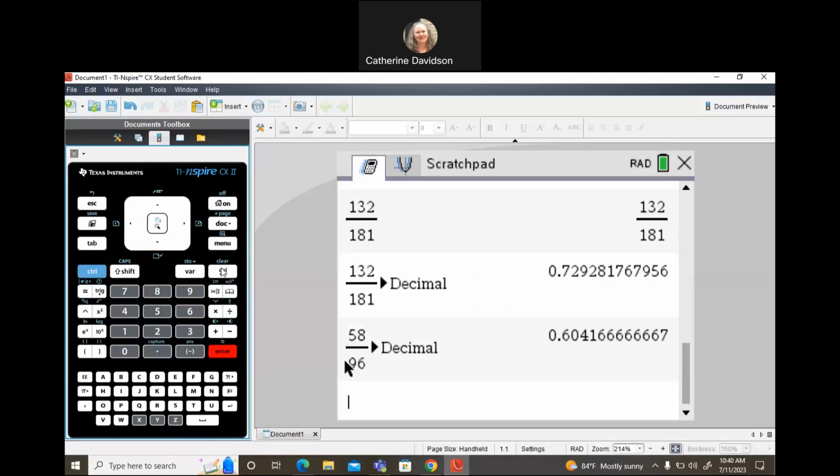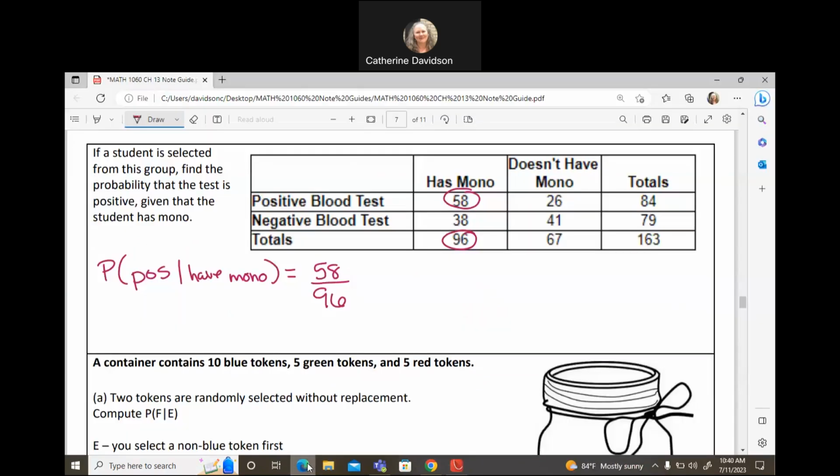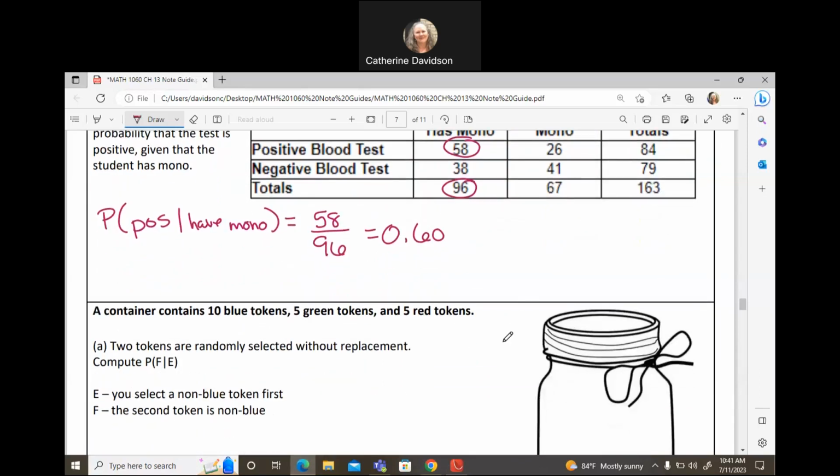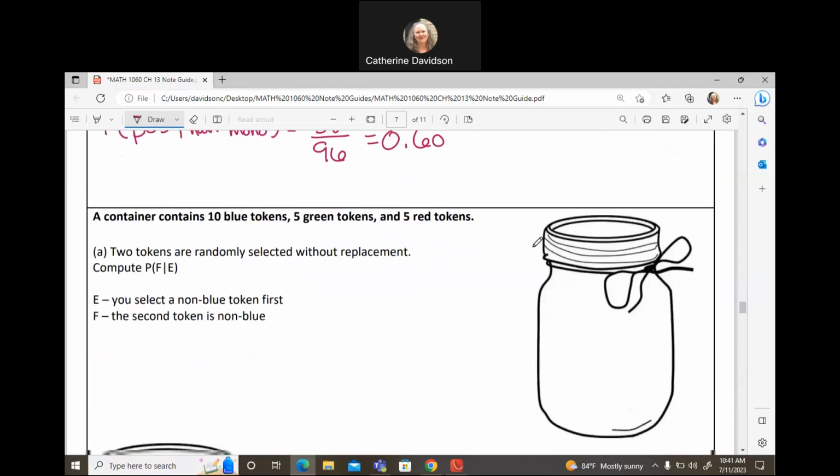So 0.60. So we could say that that test is 60% effective in determining if someone actually has mono.